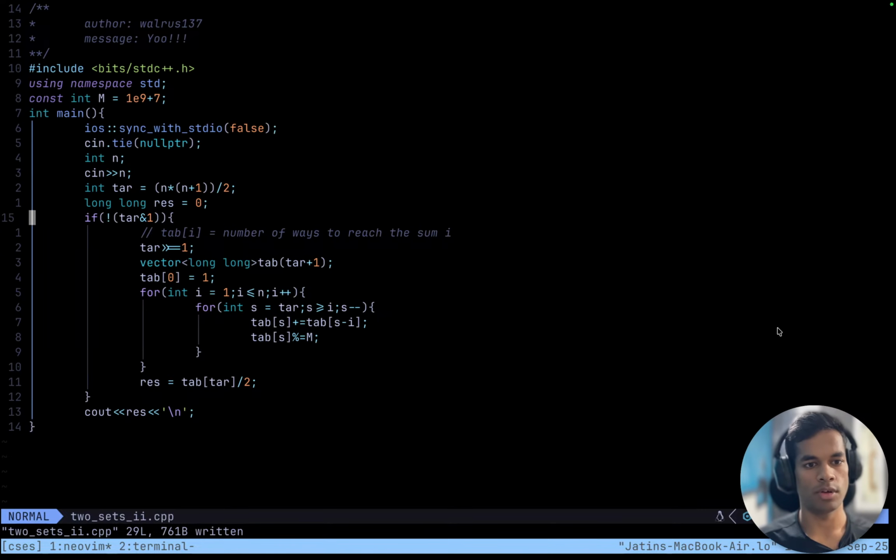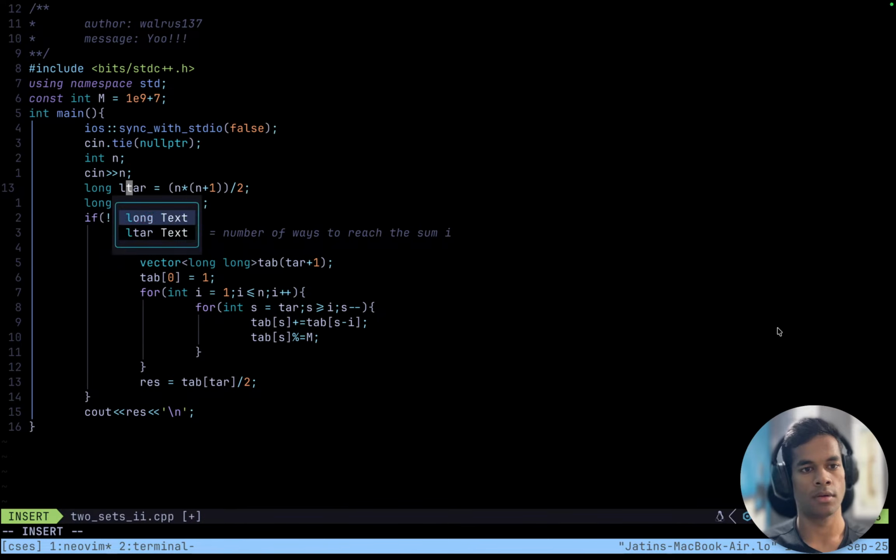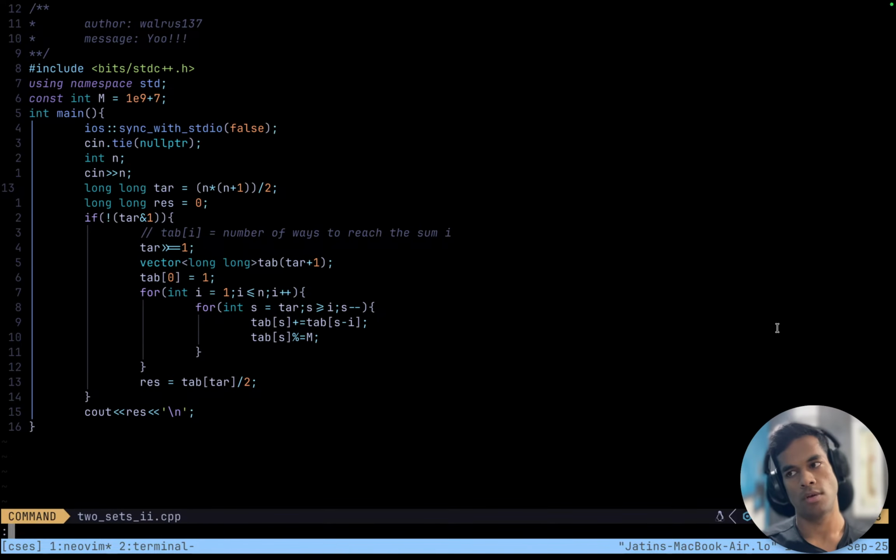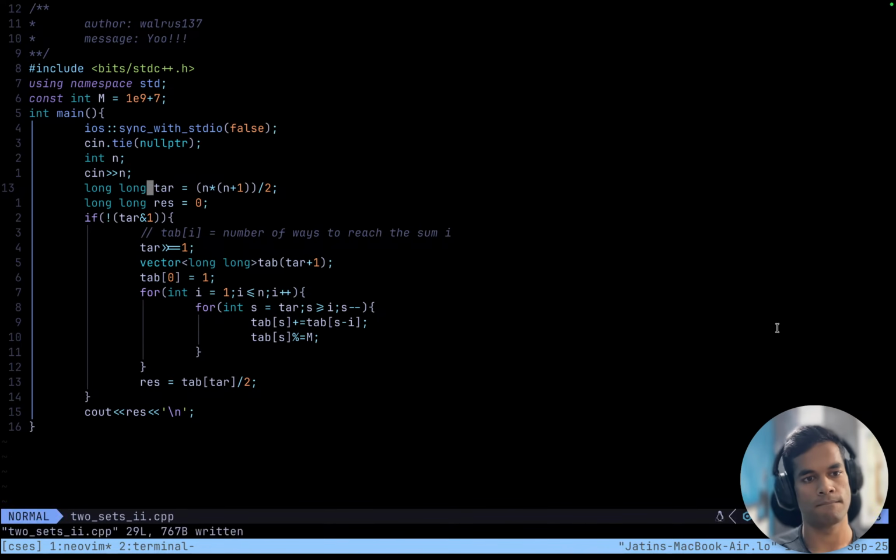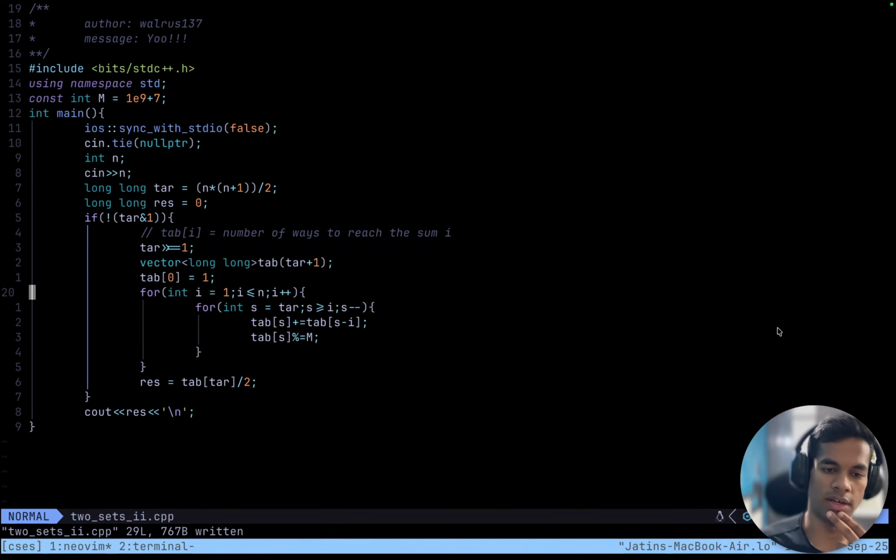This thing is very big at times, but that cannot be it, because we are always taking modulus with m.